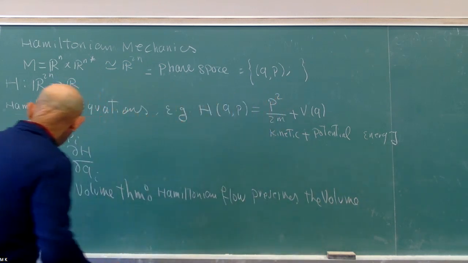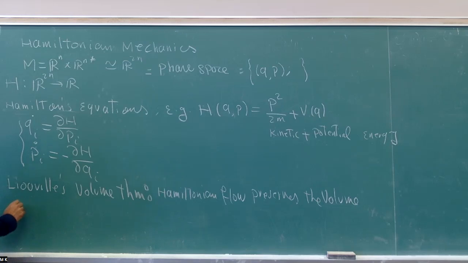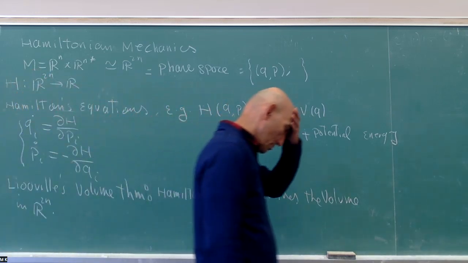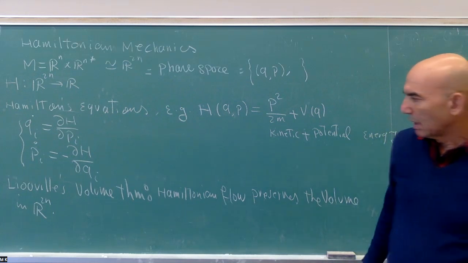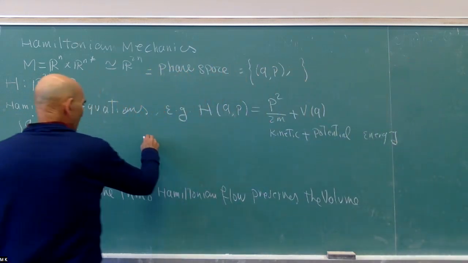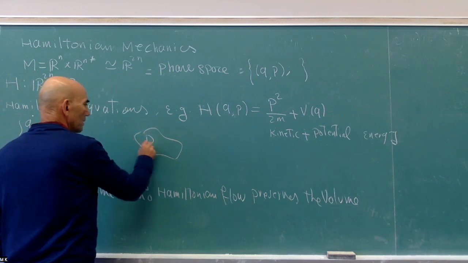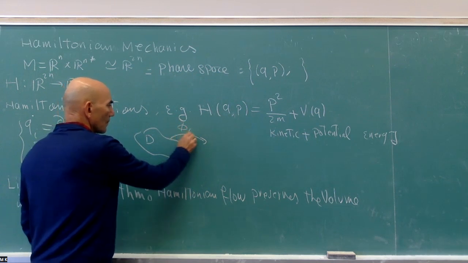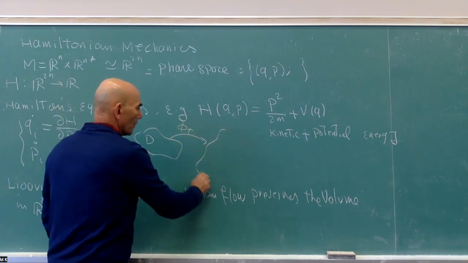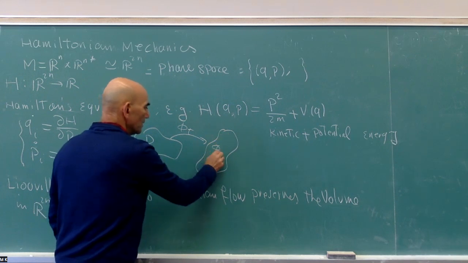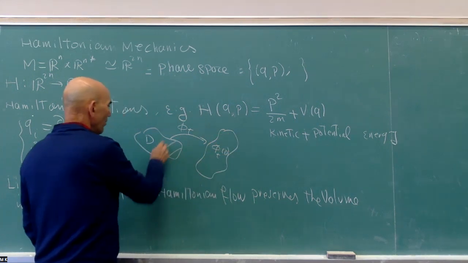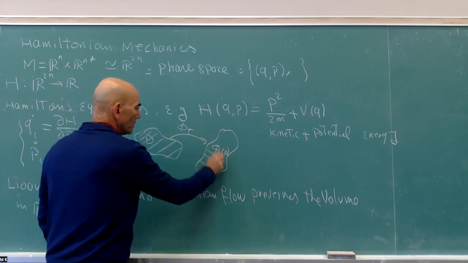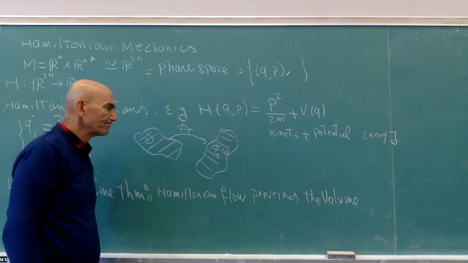So yes, okay, it's clear. We have this domain D, and let's denote the flow by phi t, and this turns into some other domain, phi t of D. The volume of D and the volume of phi t of D are the same for all t.